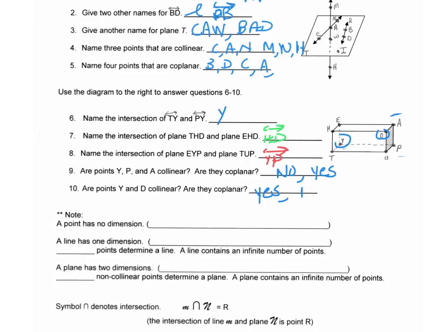Right away you're going to say no, there's only 2 points. But technically you could fight for the answer yes because they have to sit somewhere. Somewhere would be in a plane. If you tried to Google it, it would tell you that any line, if you have a collinear line, it has to be coplanar automatically because it has to sit somewhere. So either answer you could fight for that one.